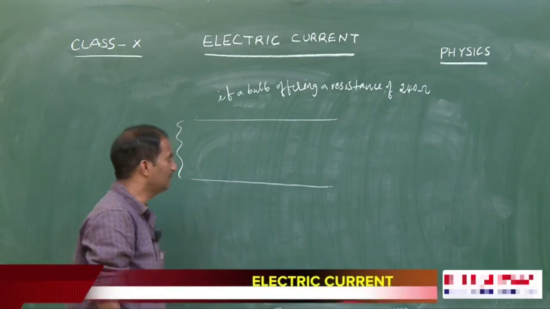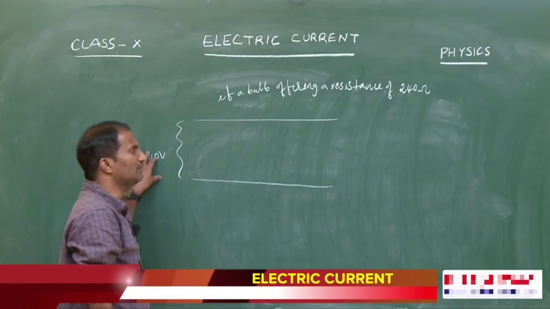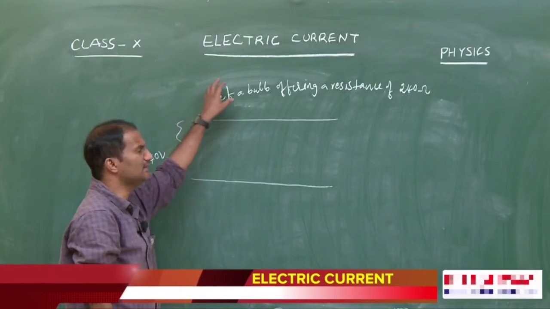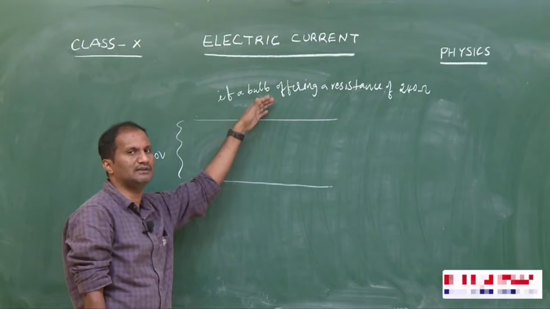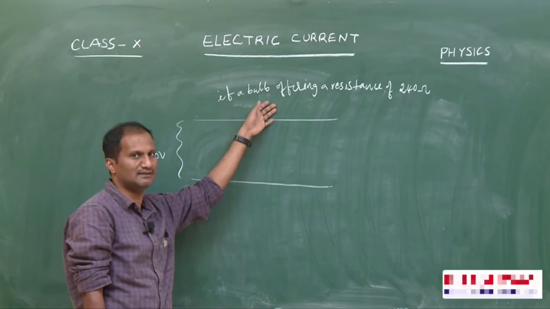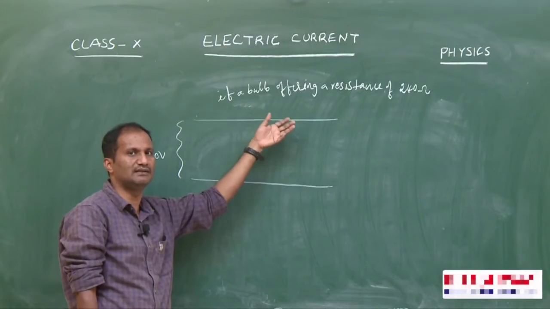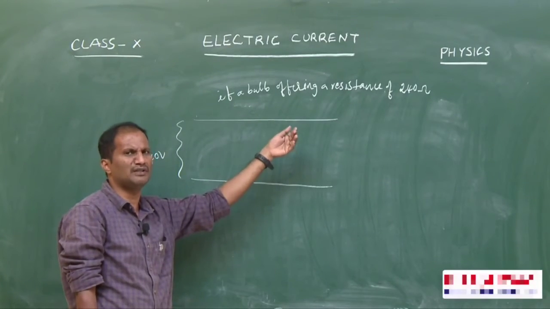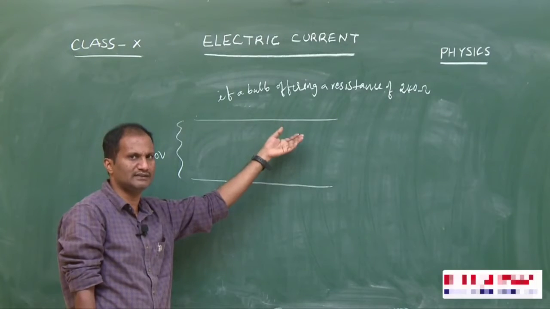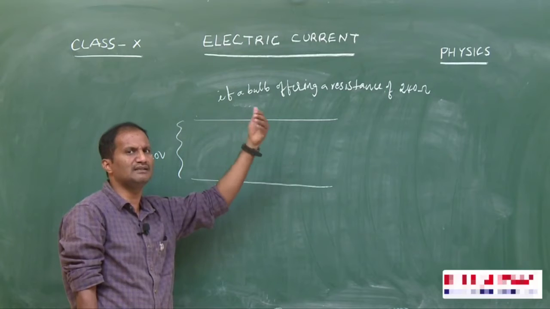The potential difference is 240 volts, this is fixed. What is variable? Only the resistance offered by the different bulbs. Different components like bulbs, fridge, TV, fan, these are the different components. They can offer different amounts of resistance. Because of the resistance only, their current consumption varies.